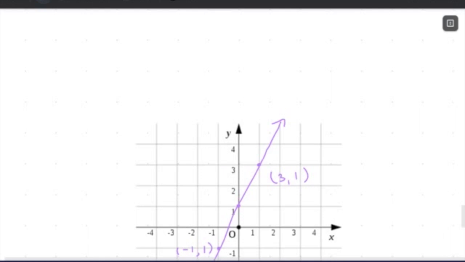So our gradient, which in maths is given by the letter m for whatever reason. I don't know why they picked the letter m and not g, but we think of our gradient as m, and we think of this as the rise over the run, or the ratio of the rise to the run.